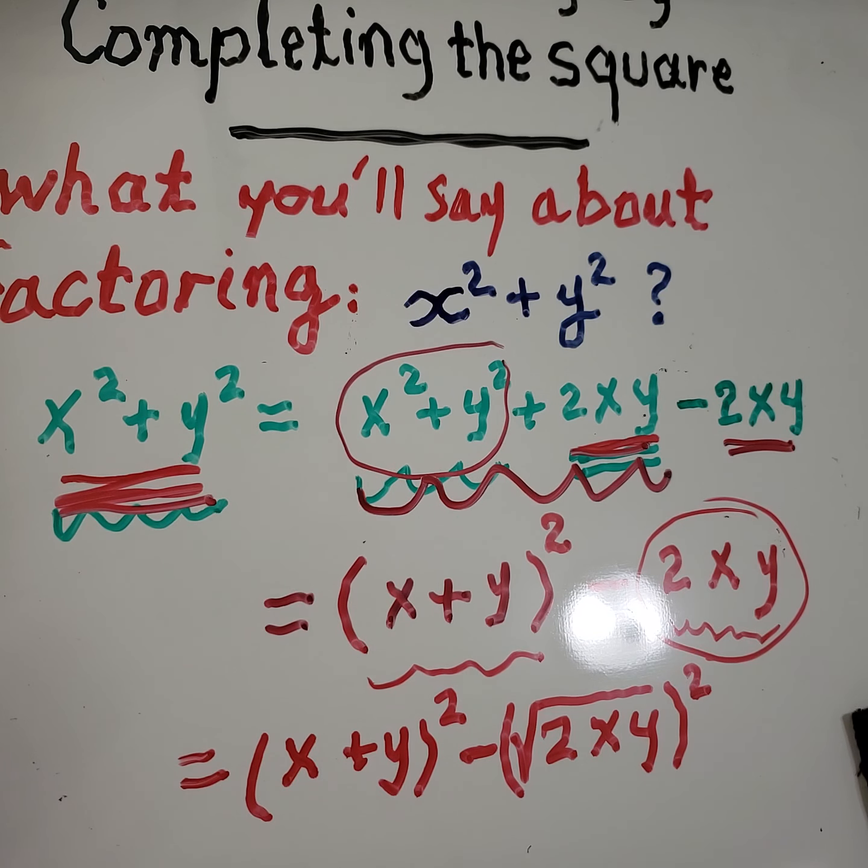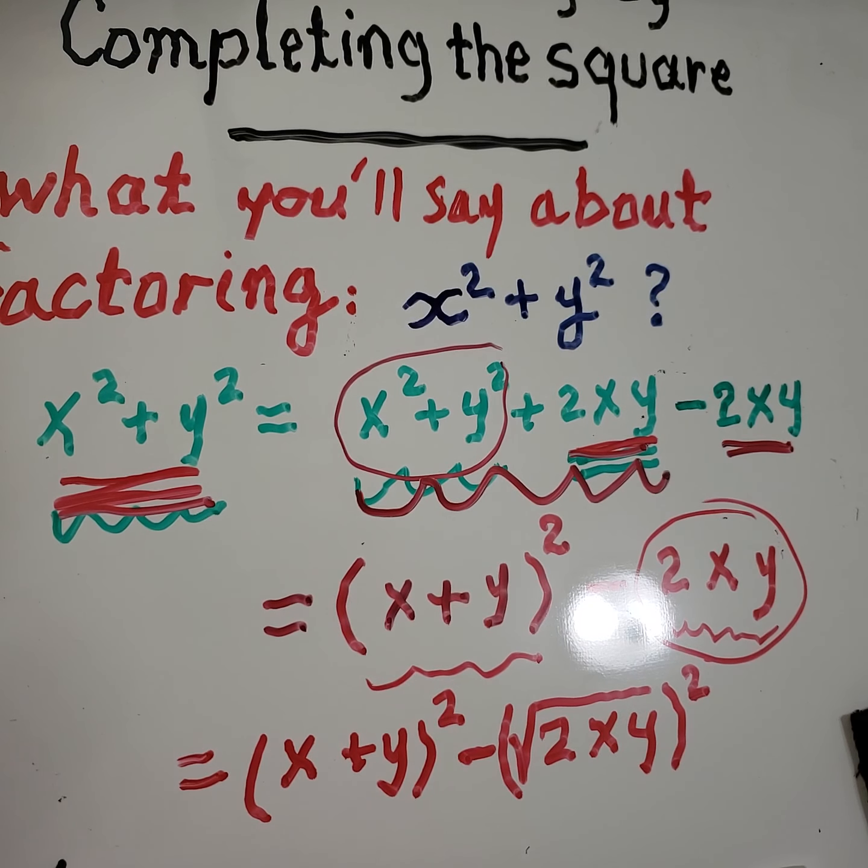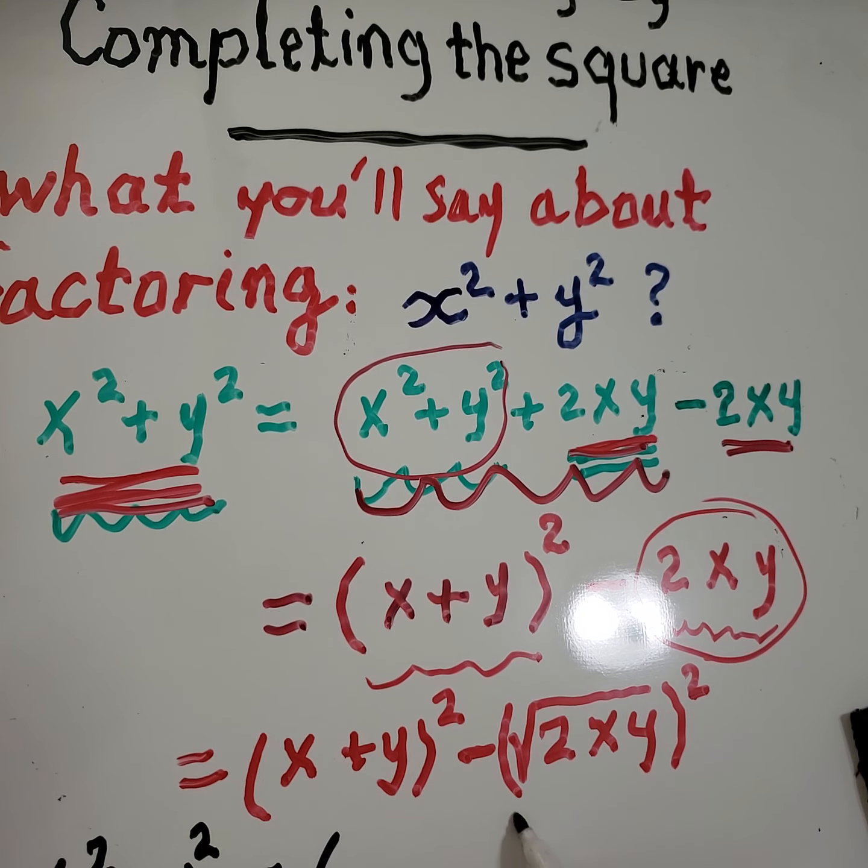What is that rule? That rule said, when we have x squared minus y squared, we make the factoring for it by writing x, x, y, y, minus and plus.